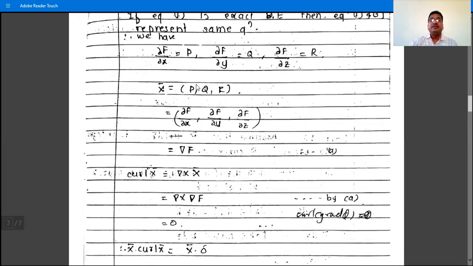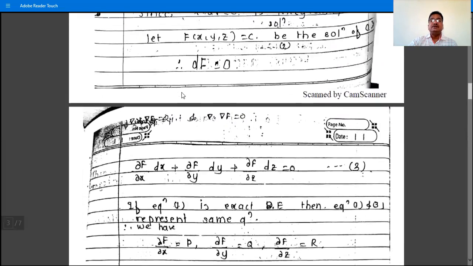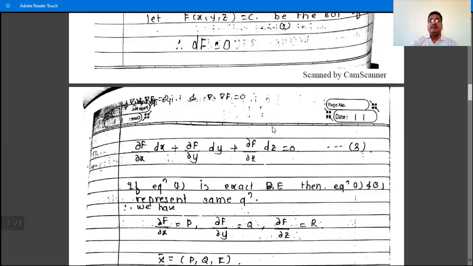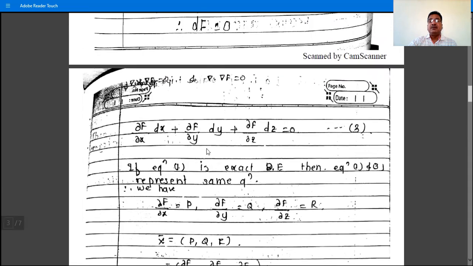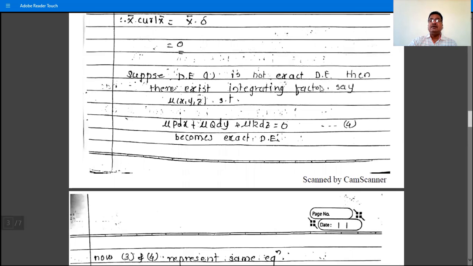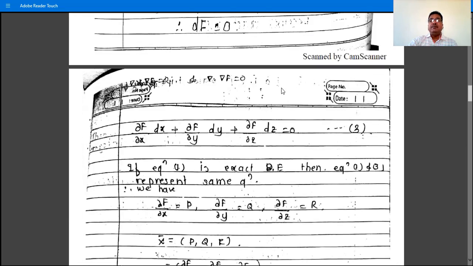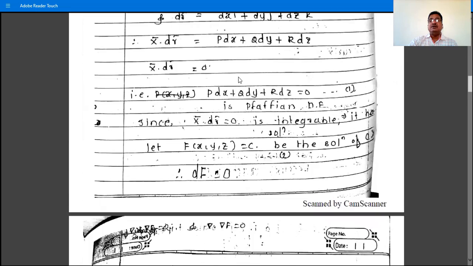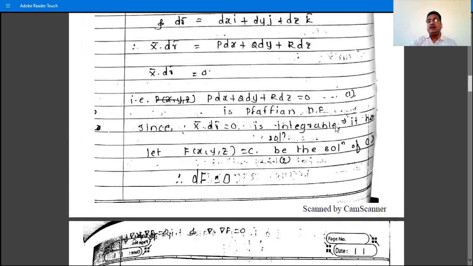But here we assumed this given differential equation 1 is exact. Suppose it is not exact. Suppose 1 is not an exact differential equation, then there exists an integrating factor. Because our assumption is that equation 1 is integrable, meaning it has a solution.